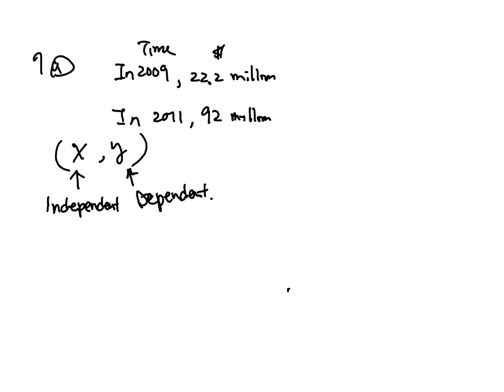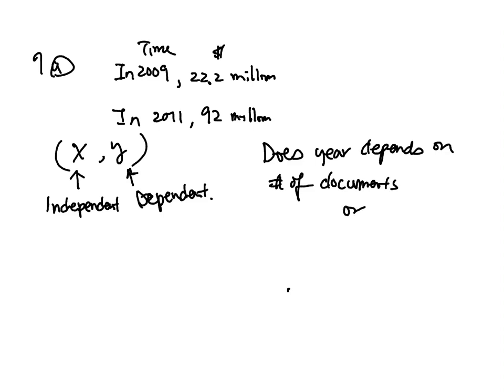Okay, so the question you need to ask yourself is this: does year depend on number of documents, or does number of documents depend on year?